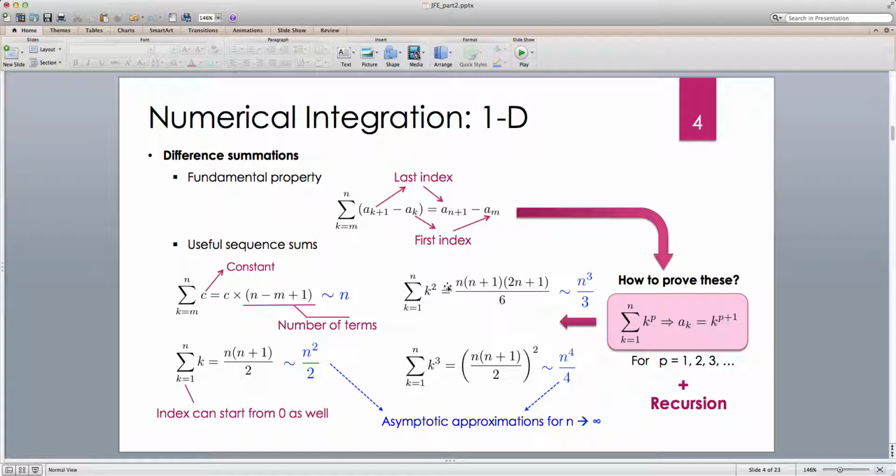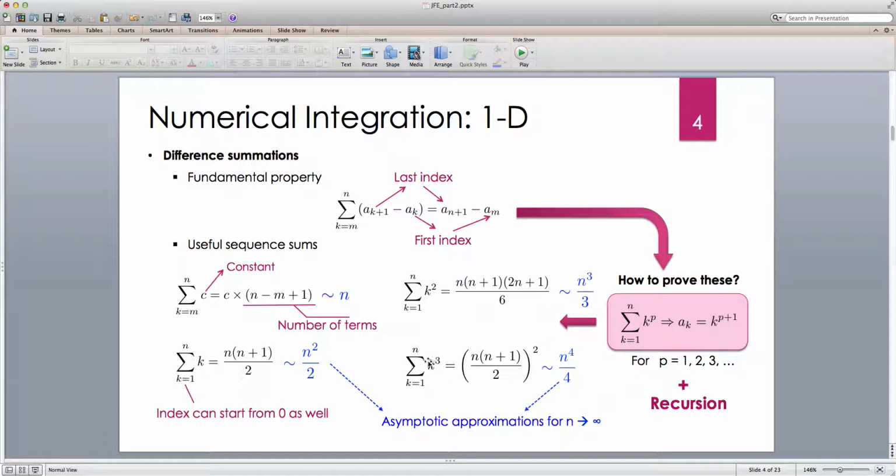So n, last index, n plus 1, 2n plus 1, divided by 6. And when n goes to infinity, n is much greater than 1, 2n is much greater than 1. So the order is n times 2n over 6, which is 2n cubed over 6, or n cubed over 3, all right?